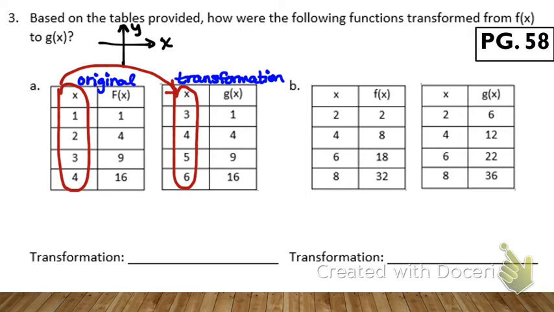Right. How far? Yep. Right 2. This has moved right 2. Because 1 plus 2 is how I get this 3. 2 plus 2 is how I get this 4. So we went to the right 2.